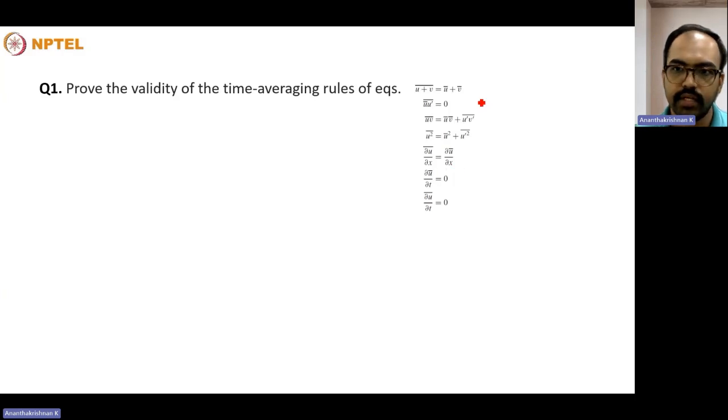So we need to prove that the following time averaging rules are valid. Basically, it is mathematics in this case. Look into the problem.